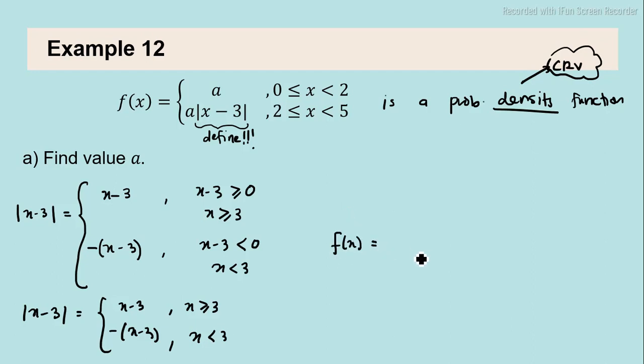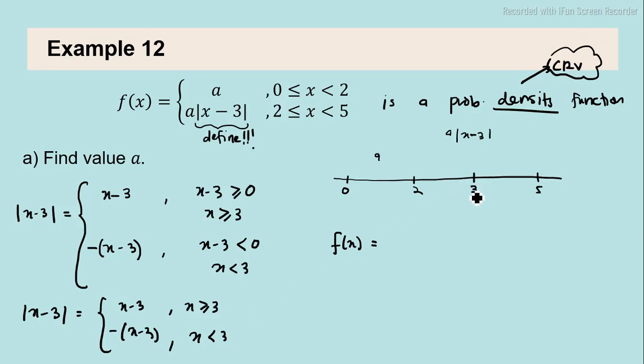Asalnya kalau saya guna number line, kamu cuma ada 0, 2 dan 5 sahaja. So 0 hingga 2 fungsi kamu adalah A. 2 hingga 5 fungsi kamu adalah A modulus x tolak 3. Tapi sekarang kamu dah define untuk x less than 3.